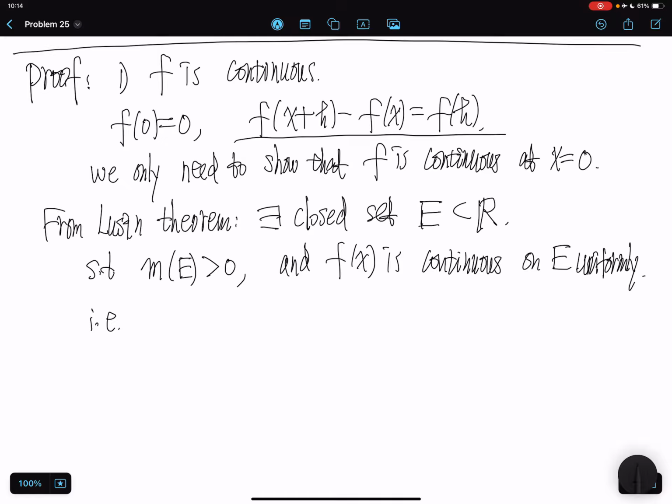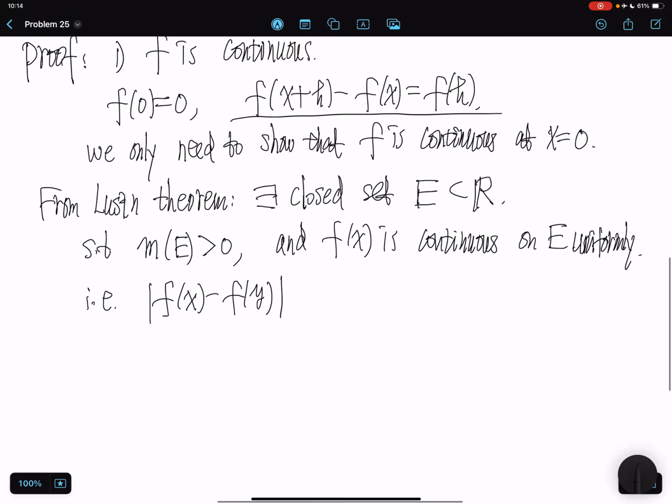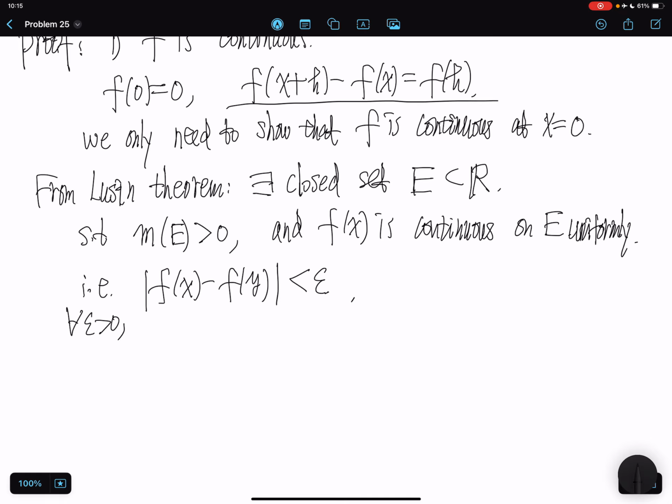Which means, for all epsilon greater than 0, there is some delta 1 greater than 0 such that, because it's uniformly continuous, the absolute value of f of x minus f of y is less than epsilon if the absolute value of x minus y is less than delta 1 and x and y are both in E, right?